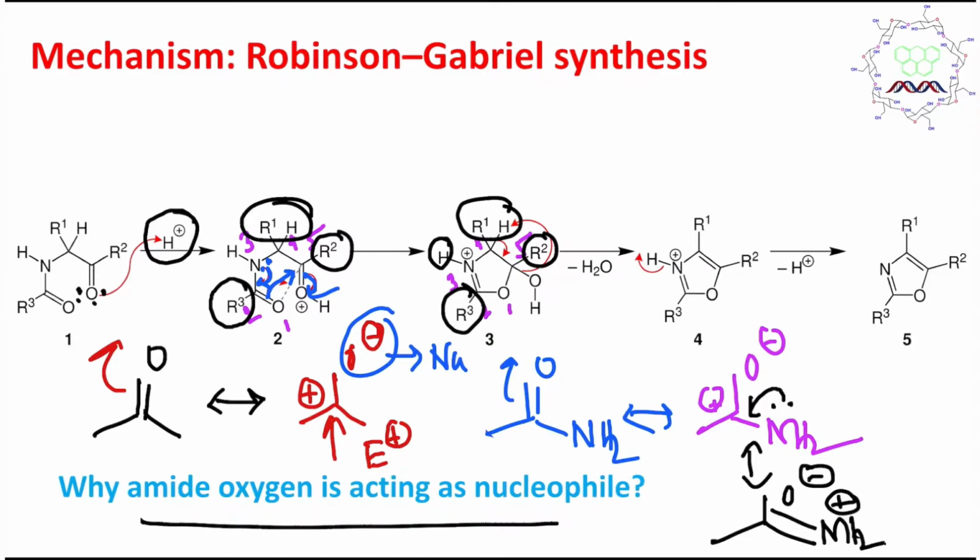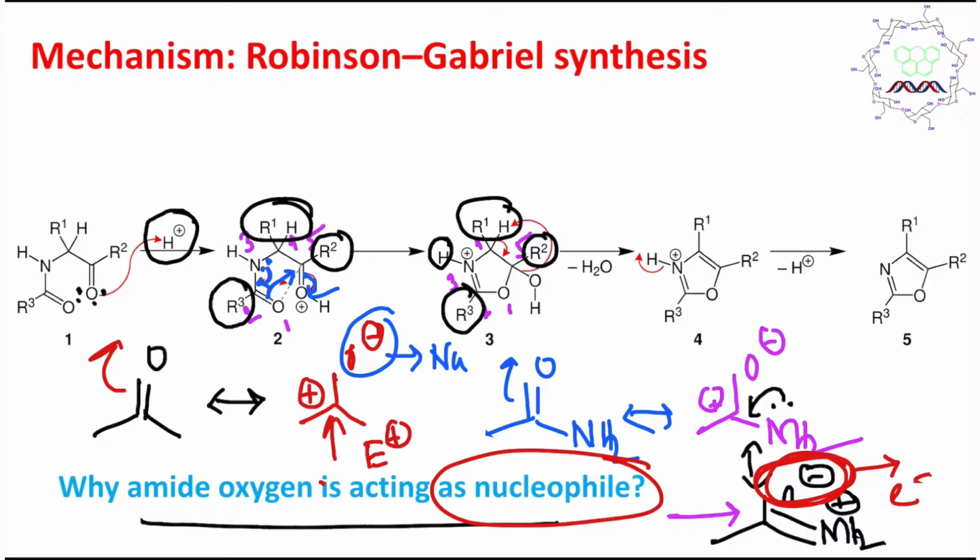Meaning the electron deficiency on this carbonyl carbon is less, point number 1, but the electron richness of the amide carbonyl oxygen is more. So that's why here the amide oxygen is acting as a nucleophile. This part we have understood till now.